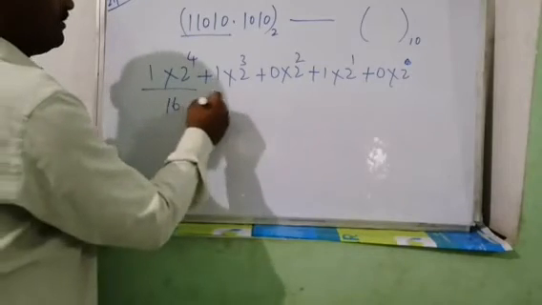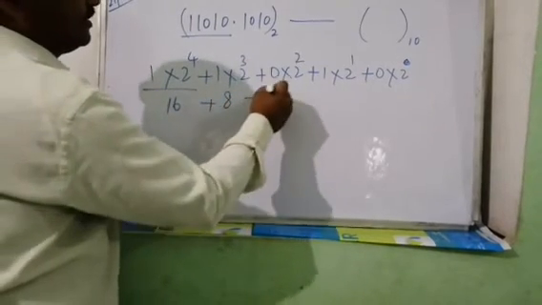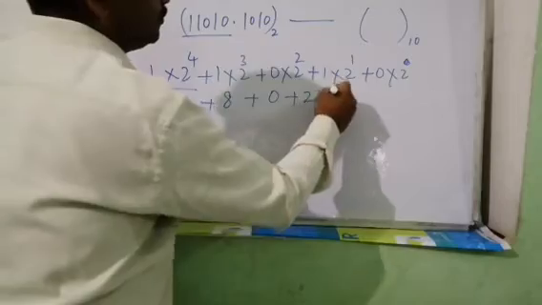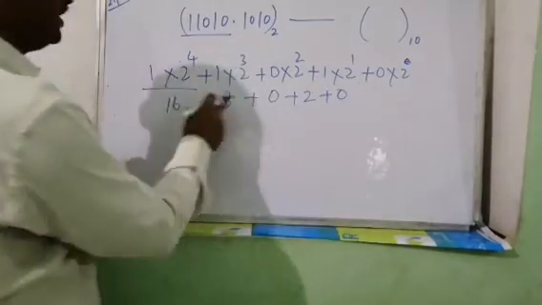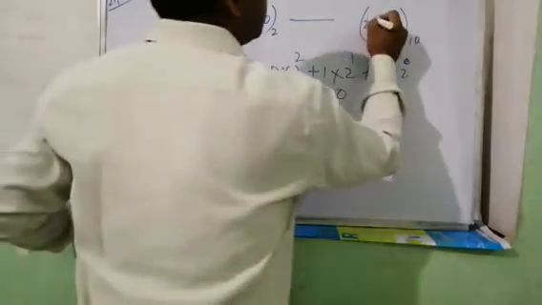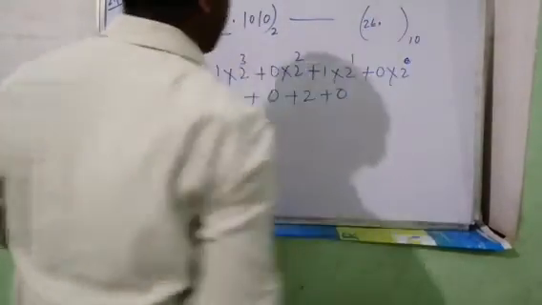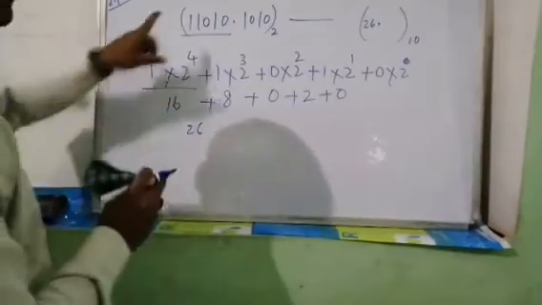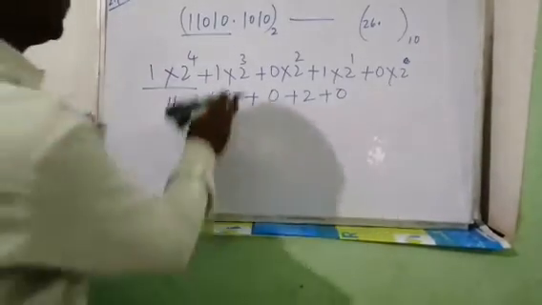This will be 16, 8, 0, 2, 0. 16 plus 8, 24, 24 plus 2, 26. So 11010 is 26.